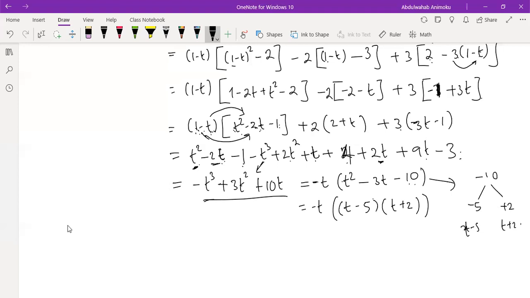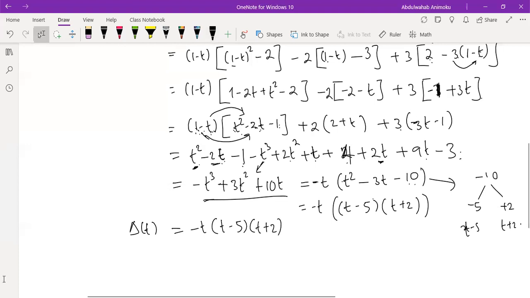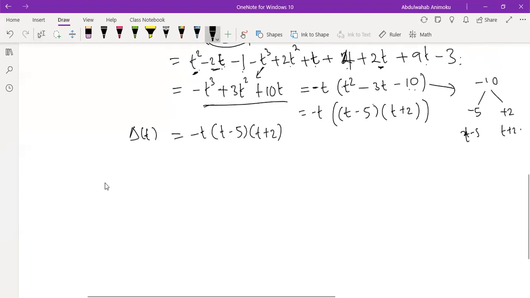All right, so this is the hardest part of this type of problem. You need to be able to simplify the determinant as well as factorizing. Now that we have this, the next step will be to find the eigenvalues. Now, eigenvalues are basically the roots of this characteristic polynomial.